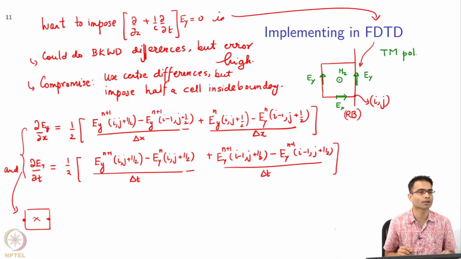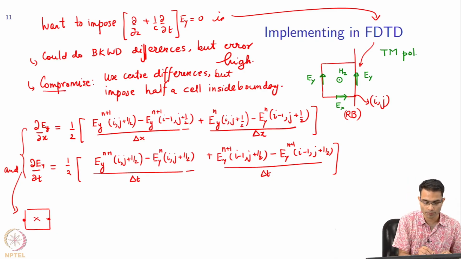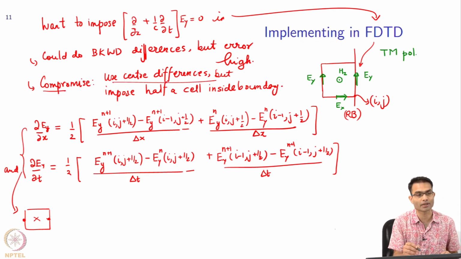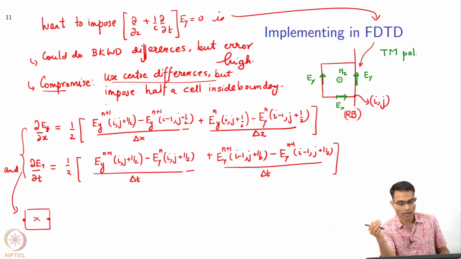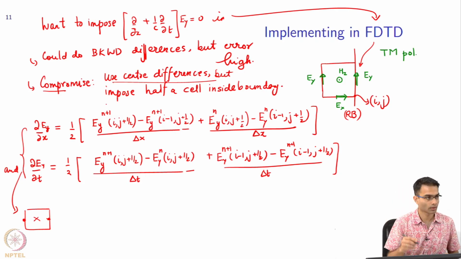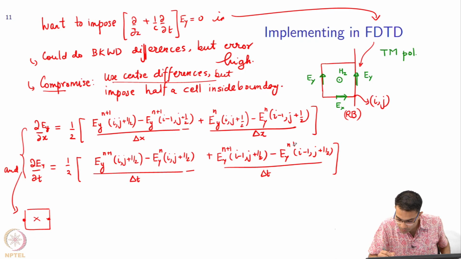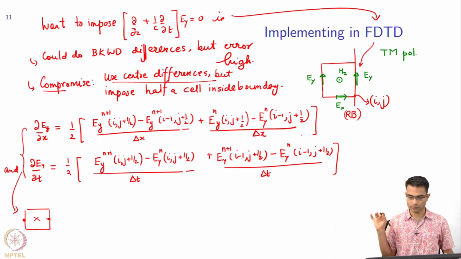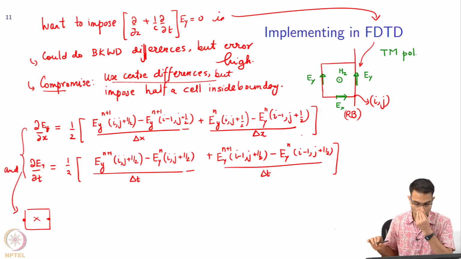So it is more accurate in the middle of the cell. That is the meaning of this compromise. I am interpreting it as a center difference, but by doing this averaging, it is being imposed half a cell inside the boundary. Yeah, this should be n, sorry. Everything else is alright? Okay.